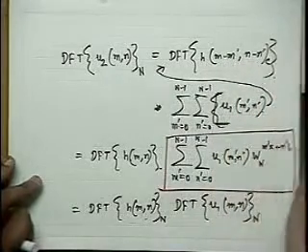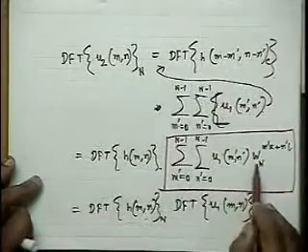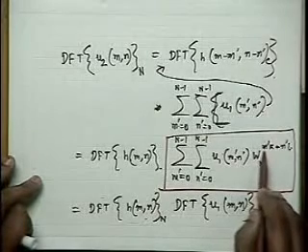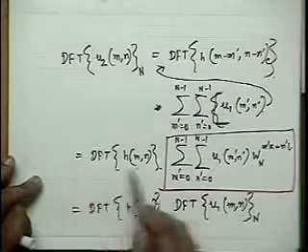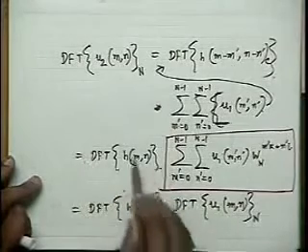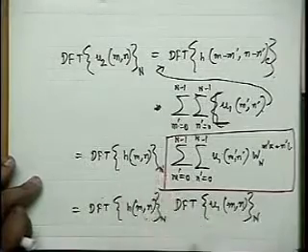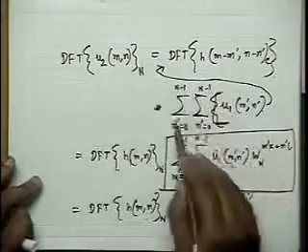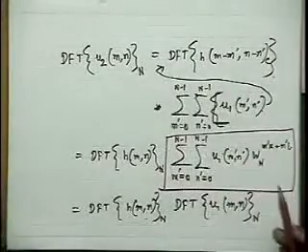Then this results in DFT of h(m,n) times W to the base N to the power m prime k plus n prime l. In the second step you can take the DFT outside because m prime and n prime are no longer there. So this h(m,n) you can take out at that time. In the first step I should have written the double summation first and then this function.